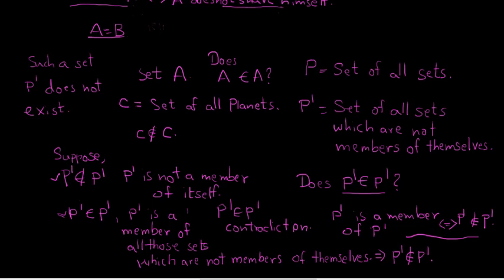This would resolve the paradox as it did for the Barber's paradox, but we should be a little bit careful in here. Saying that P prime does not exist doesn't mean that P prime is the null set.